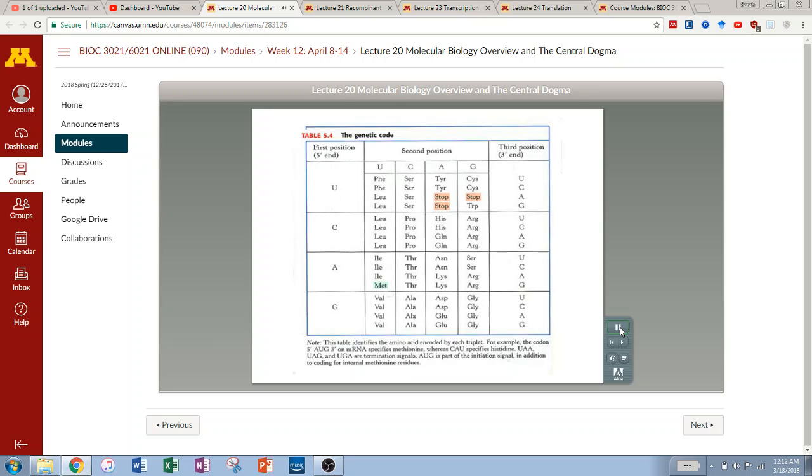There are 64 possible codons that can be generated with 4 different bases, combining in any order to form triplets. It turns out that 3 of these are nonsense or stop codons, which code for the termination of translation. That is, they don't code for any amino acid, and when the translation machinery reaches one of these three codons, translation ceases.